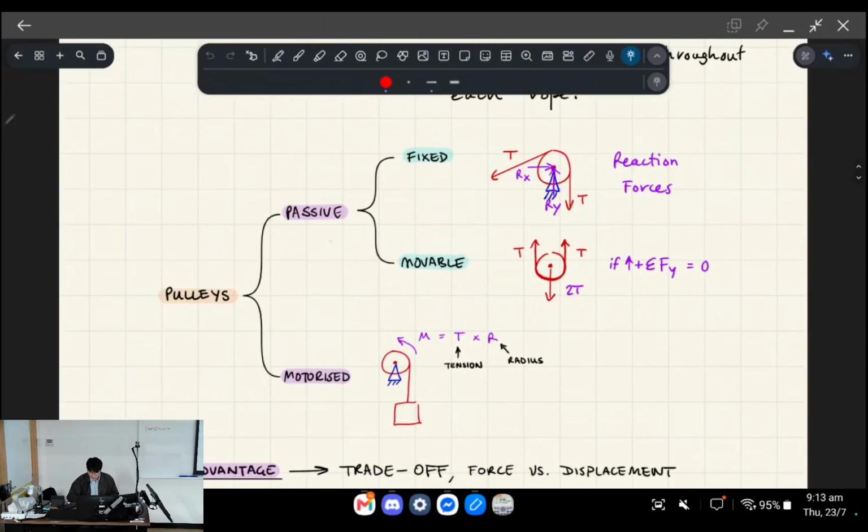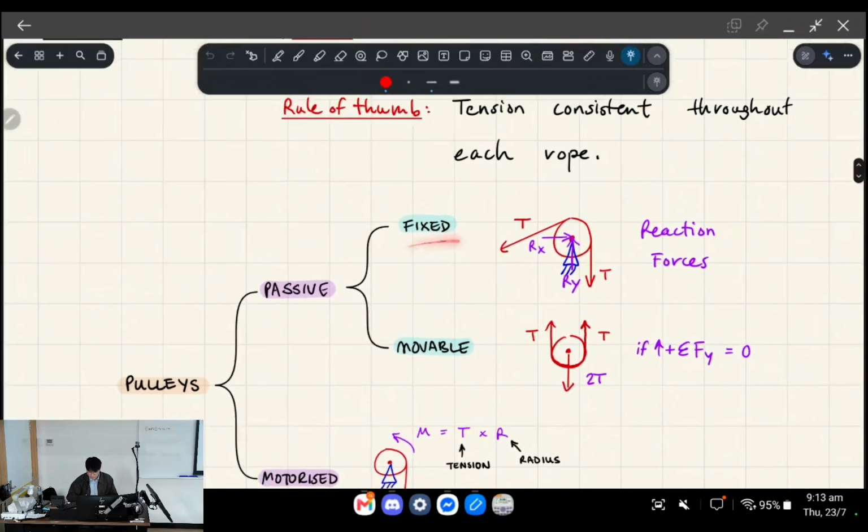So you can break it down into passive and motorized. We're not really going to be touching the motorized pulleys in this course, but if you're a mechanical engineer, for example, you might see this in the following courses. So in this course, we're just focused on fixed and movable pulleys, and these are the ones that we want to be able to differentiate between.